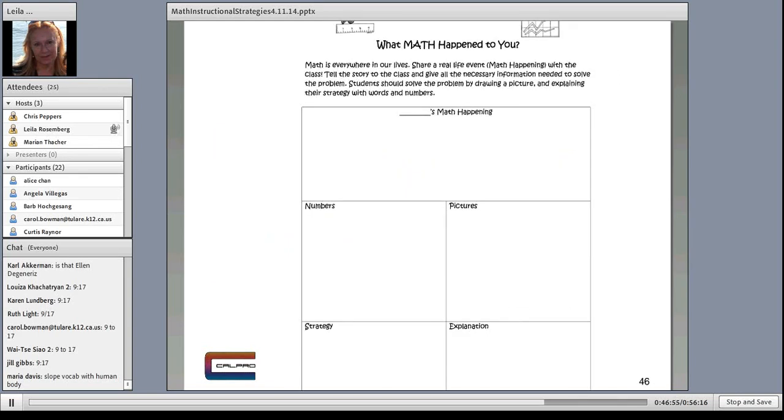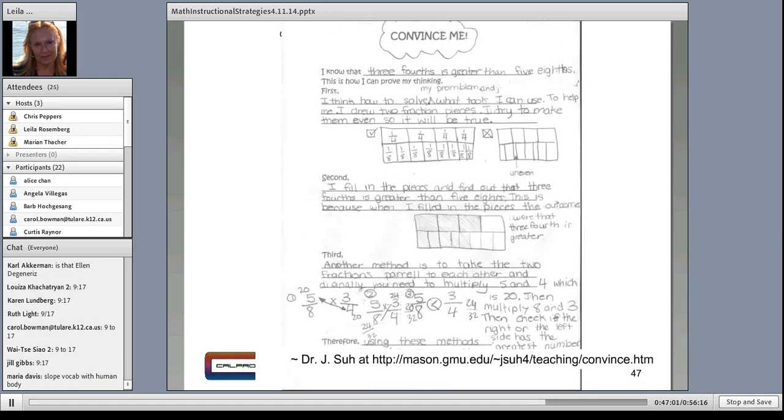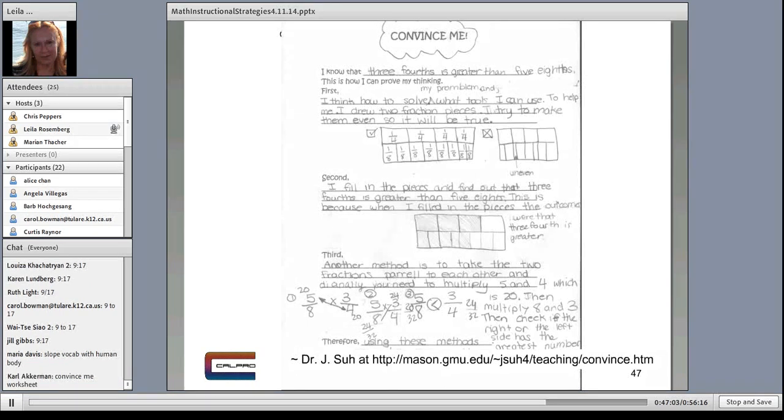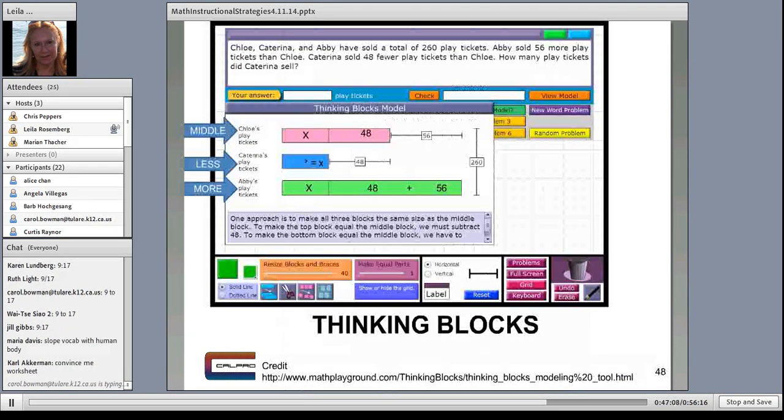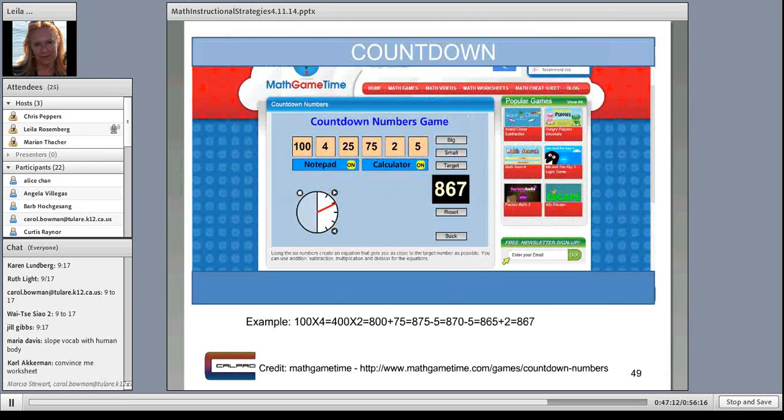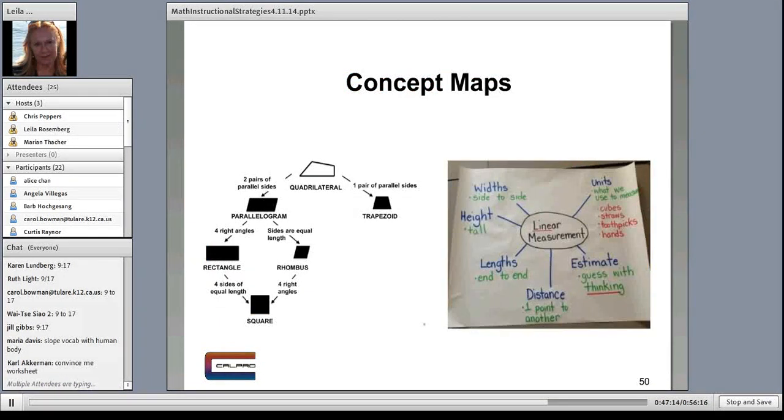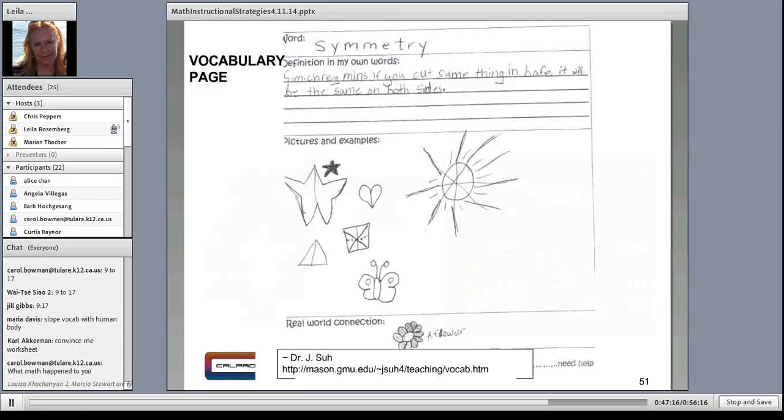To give a definition of math in real life, there is the sheet about what math happened to you. The convince me page that you can write or just ask the students to reason by saying it. The thinking block, the countdown, the concept maps, and the symmetry for vocabulary page. So here you have 9 slides of things that you have seen.